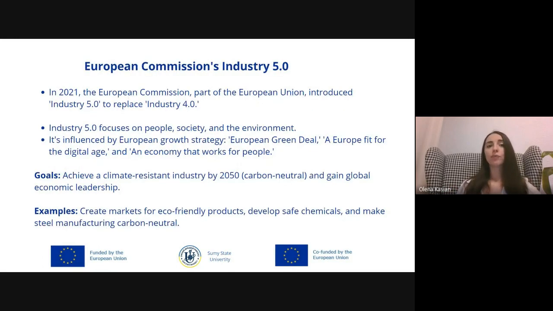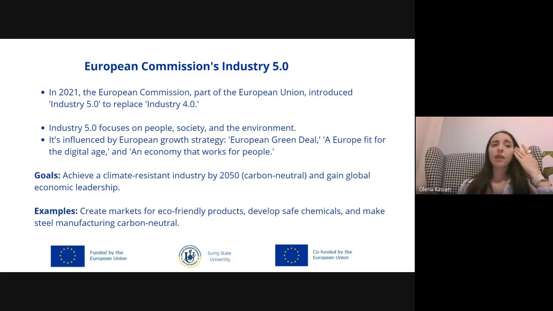So let's go to the first one. The European Commission, which is the main institution of the European Union, announced in 2021 that Industry 5.0 would replace Industry 4.0.